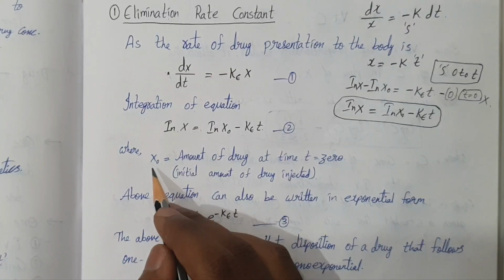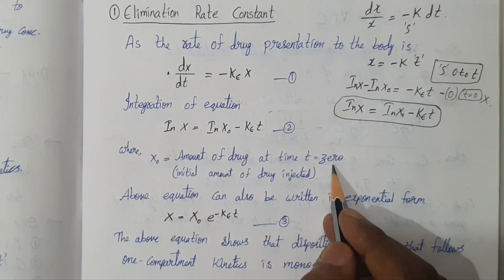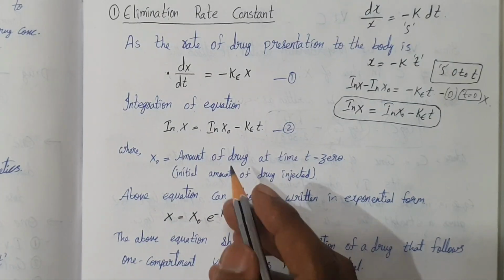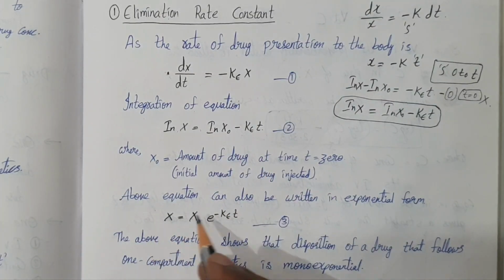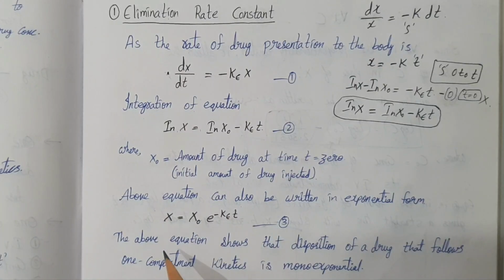Where x naught is the amount of drug at time t equals 0. So the above equation can also be written in exponential form. The above equation shows that disposition of a drug that follows one compartment kinetics is mono-exponential. I will show you how to write this.